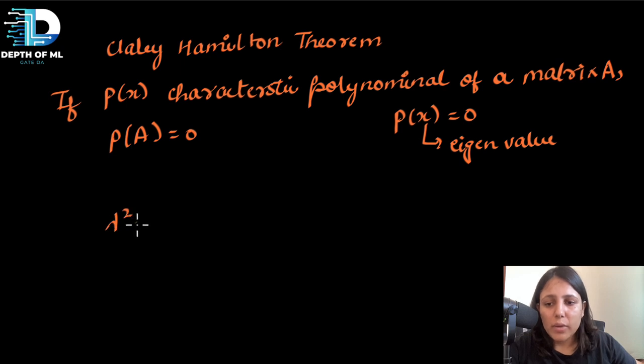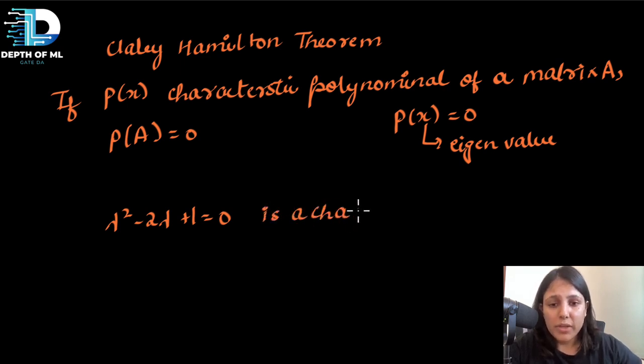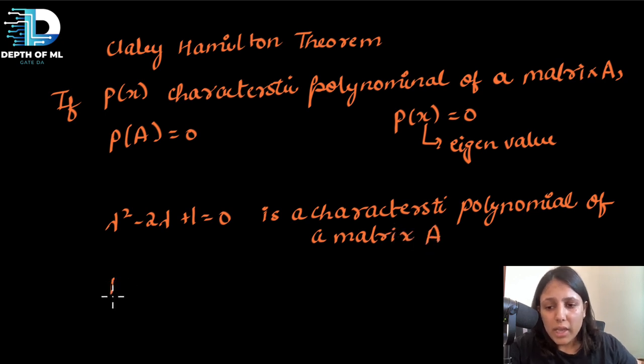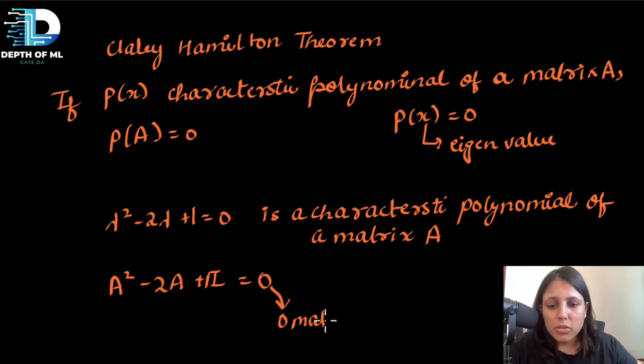Suppose that lambda square minus 2 lambda plus 1 equals 0 is the characteristic polynomial of some matrix A. Then A square minus 2A plus 1 times I, where I is the identity matrix, will be equal to the 0 matrix. I have solved other questions on the Cayley-Hamilton theorem in previous videos, so you can check them out as well.